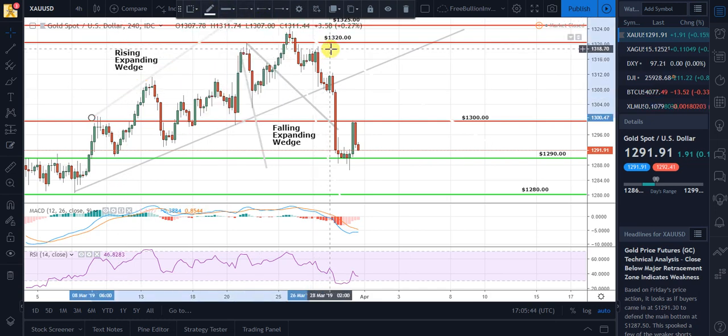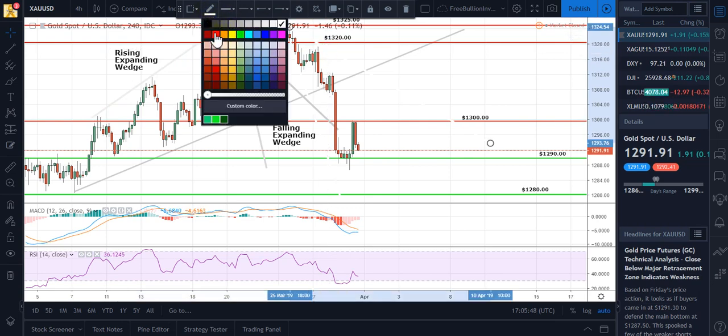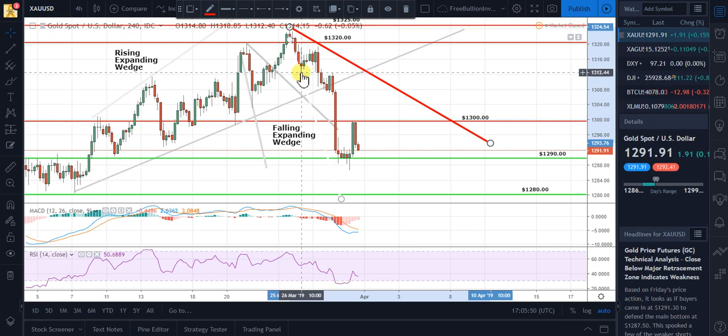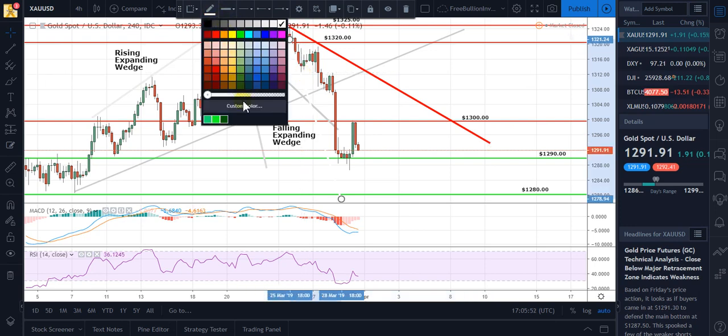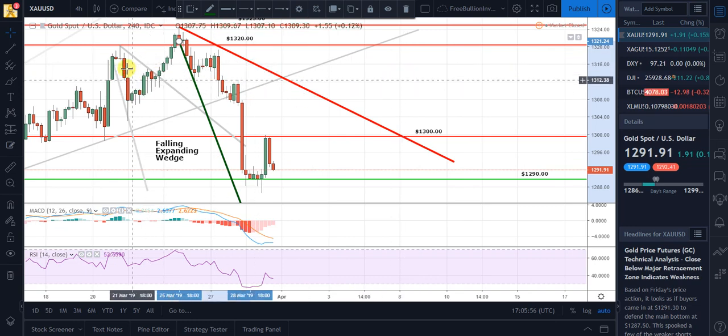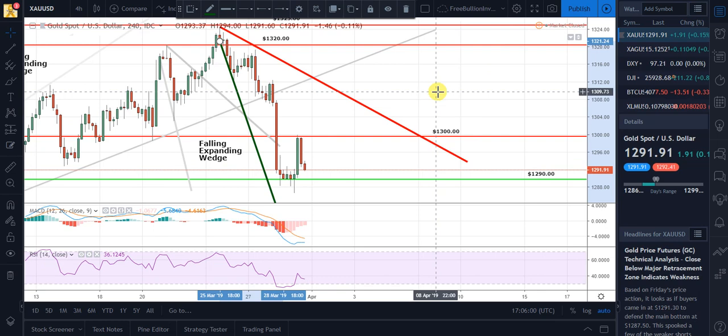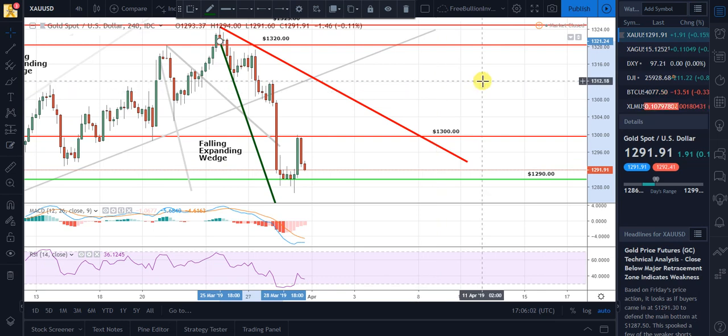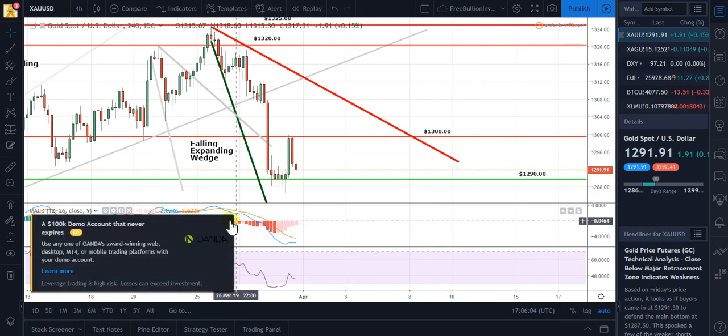But as far as a new pattern in the price of gold, we do have a new large falling expanding wedge. It is a new positive pattern in the price of gold, and like the old one, it should move above it. Now, whether that happens this week or not, that's unforeseen.